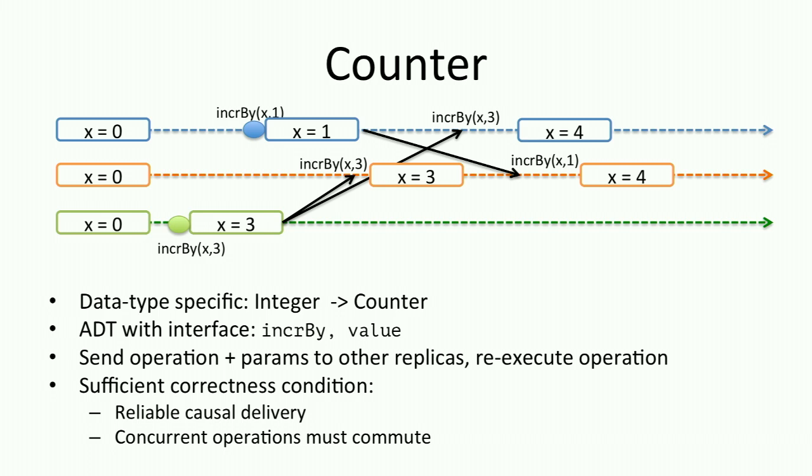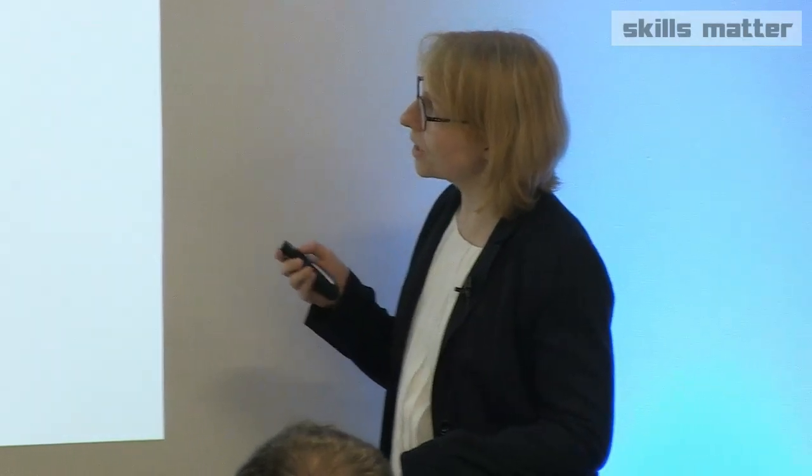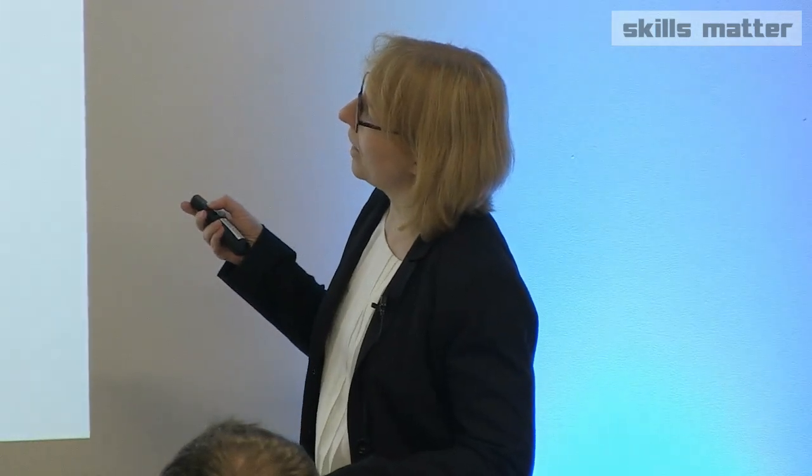So here incrementing by 1 will set the value of x to 1, incrementing by 3 will set the value of x to 3. If I now forward this increment by 3 to replica 1, the new value will be 4, just by applying both of these updates. And the nice thing is, because this addition is commutative and associative, I end up here with both replicas having the same value, 4.